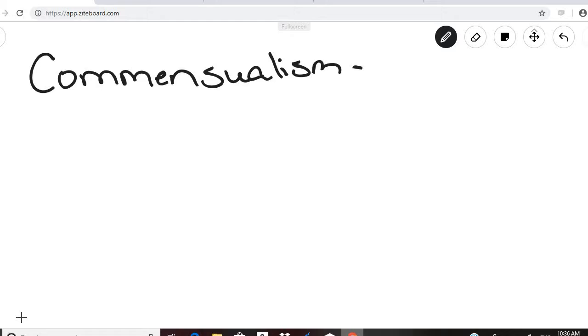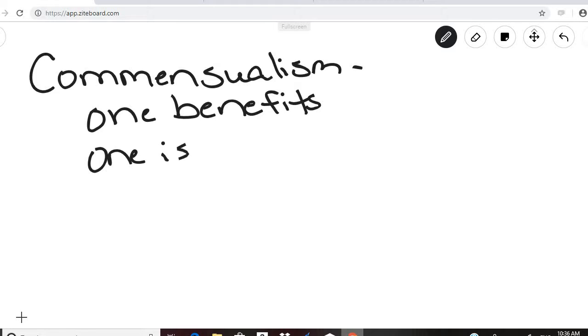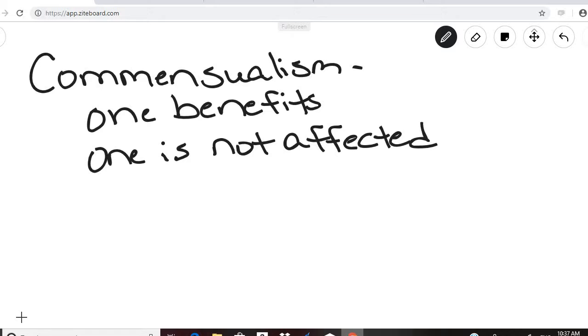And in commensalism, one benefits and one is not affected. So last week in our last module, we talked about the whale lice, those lice that live on the patches of skin on a whale.